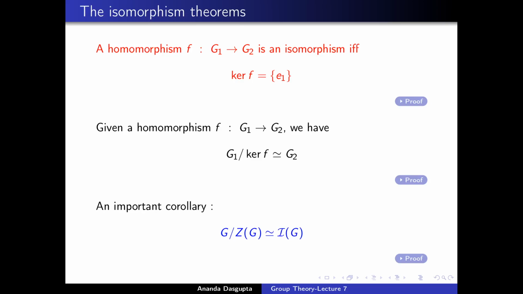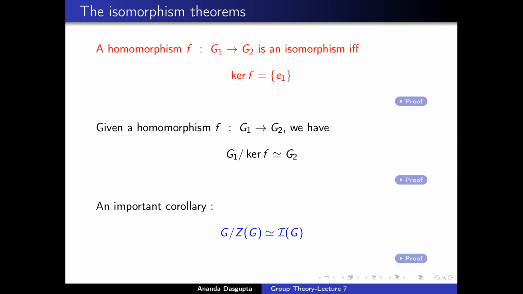It is actually more interesting to think about what the second isomorphism theorem means. Notice that when you say that the map F between G1 to G2 is a homomorphism and not necessarily an isomorphism, what you are really saying is that it's possible that there could be multiple elements of G1 which map onto the same element of G2.